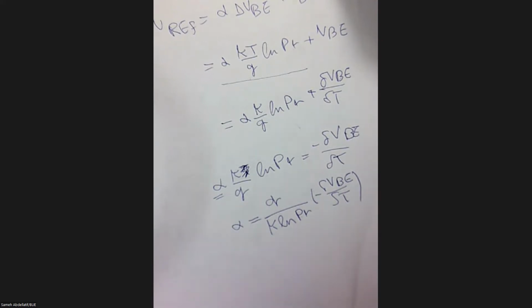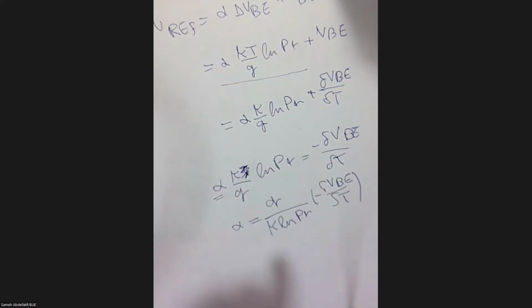In the previous version of the sensor, we just subtracted delta VPE, which is VPE2 minus VPE1, and that's all. But now, by adding this alpha parameter, which creates a new degree of freedom for us to design the equation, we can get a reference voltage that is temperature independent. Back to the slide.